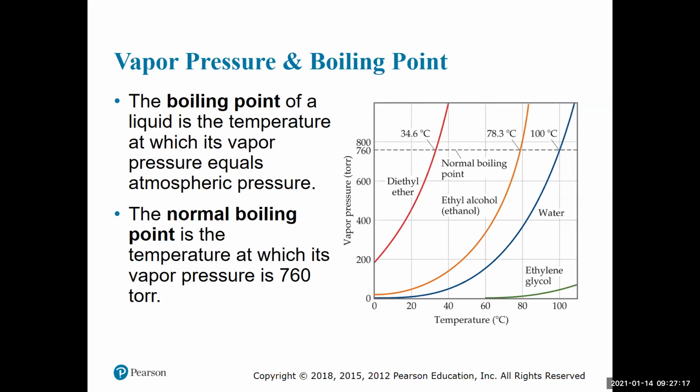There's also another definition called normal boiling point, and that's the temperature at which its vapor pressure is 760 torr or 1 atmosphere. 1 atmosphere, 760 torr, is considered kind of normal atmospheric pressure, but depending upon altitude, that number does change, okay? And that's why if you're up in the mountains, water boils at a lower temperature, because the atmospheric pressure is a lower value than this 760 torr or 1 atmosphere.